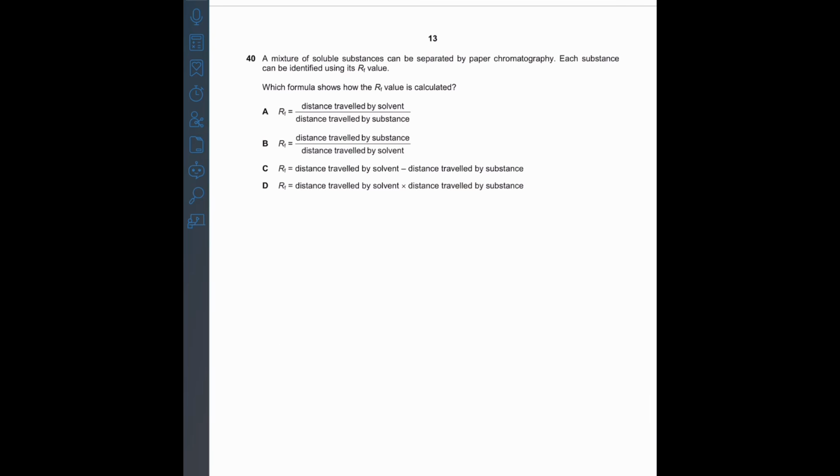Question number 40. A mixture of soluble substances can be separated by paper chromatography. Each substance can be identified using its RF value. So we are asked about the RF value formula, and it's very simple.